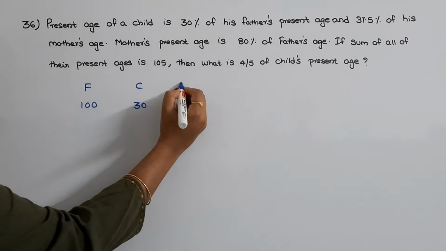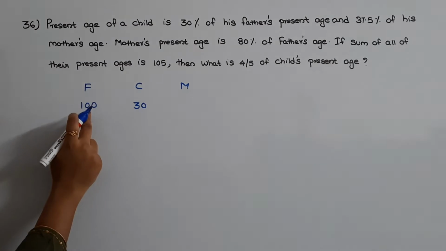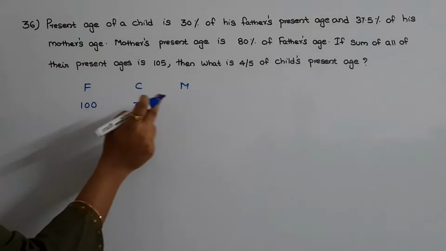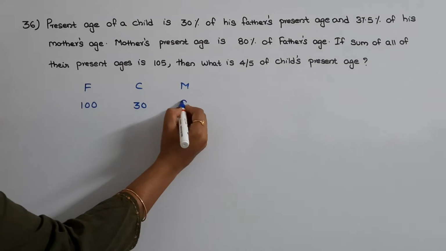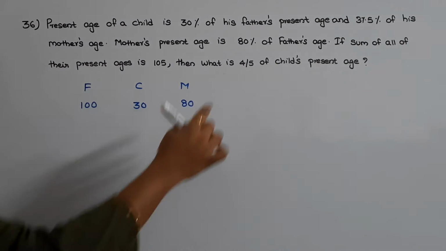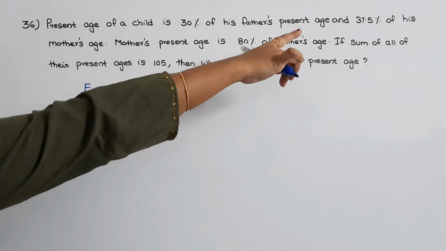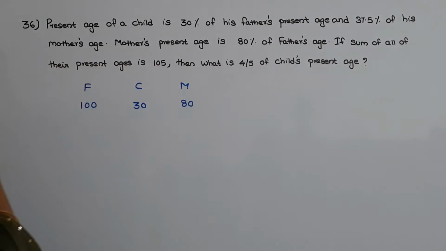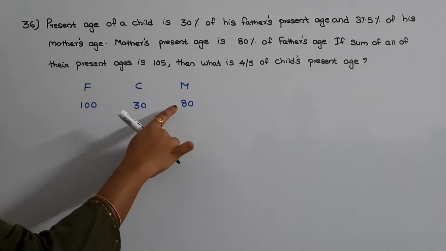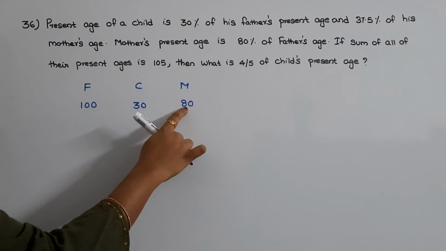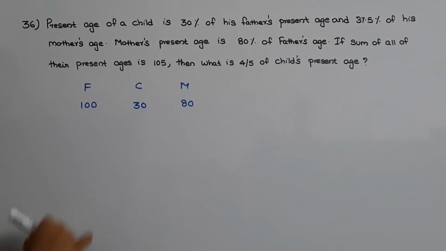Mother's age is 80% of father's, so 80% of 100 is 80. They have also given that child's age is 37.5% of mother's age. If you take 37.5% of this 80, you will get 30 itself.